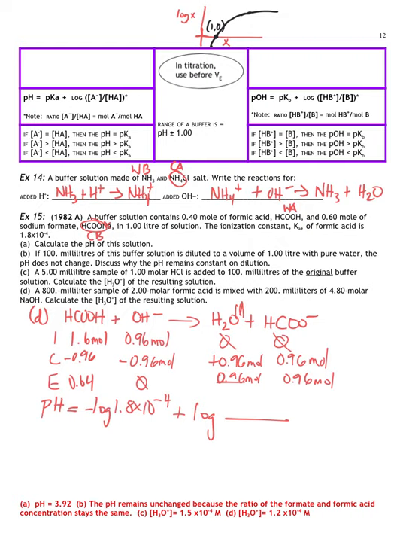So then I do my conjugate base on top, which is 0.96 moles, and then my acid on the bottom. So I've created what is called a buffer solution by reacting some of my weak acid and a strong base.